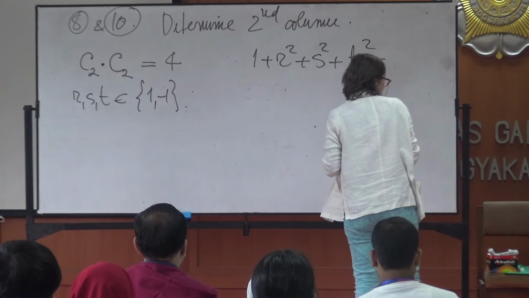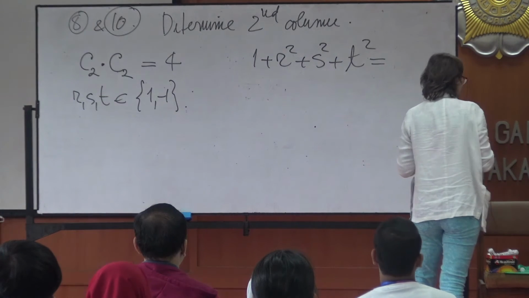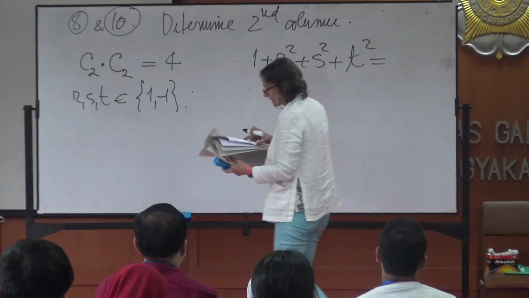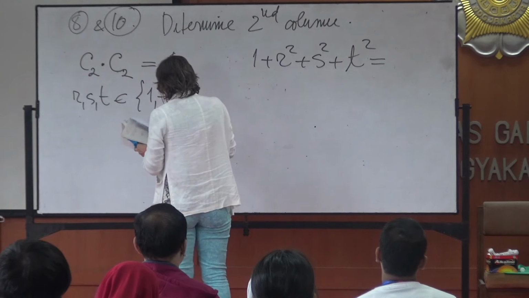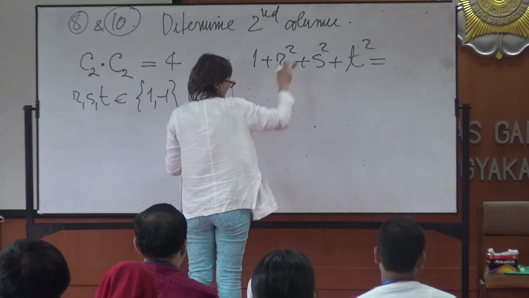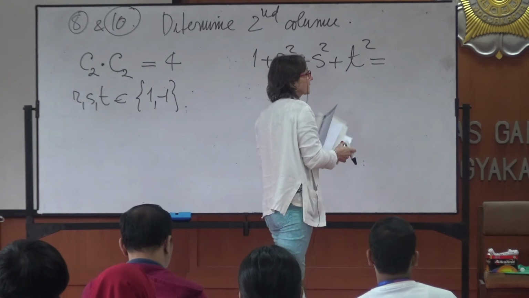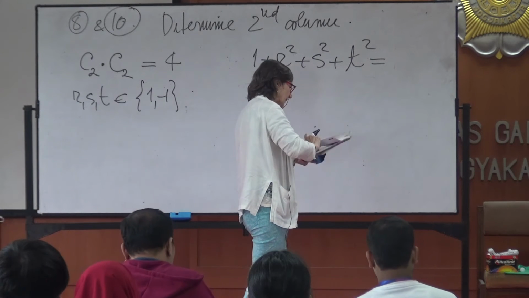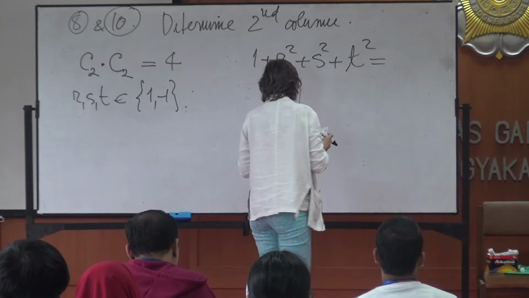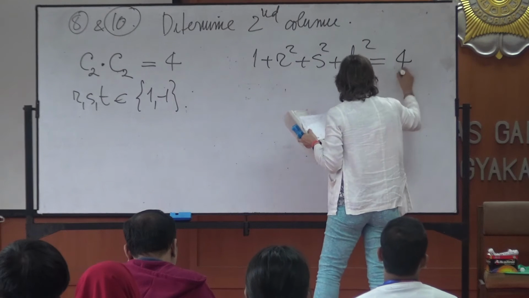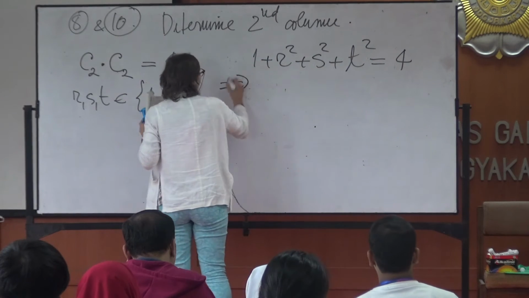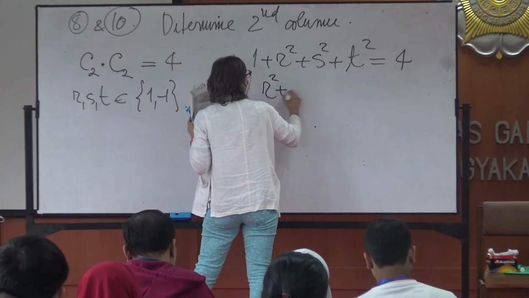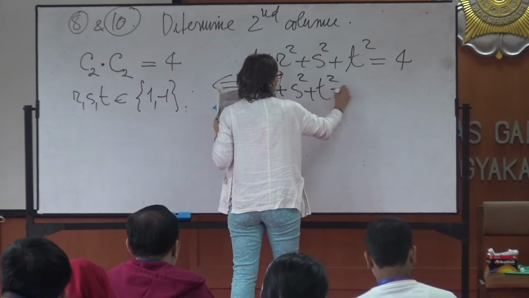And this has to be equal to the order of the centralizer, which is 60 over the cardinality of the conjugacy class, and in this case is 4. So if and only if R squared plus S squared plus T squared is equal to 3.